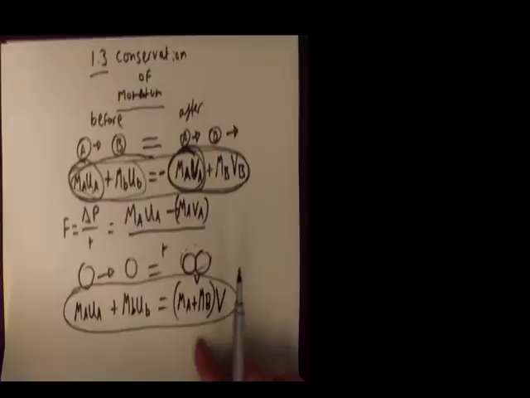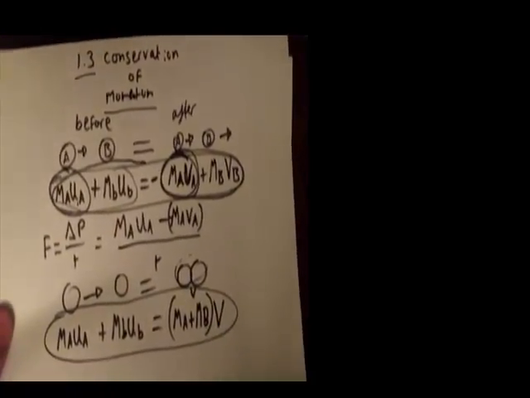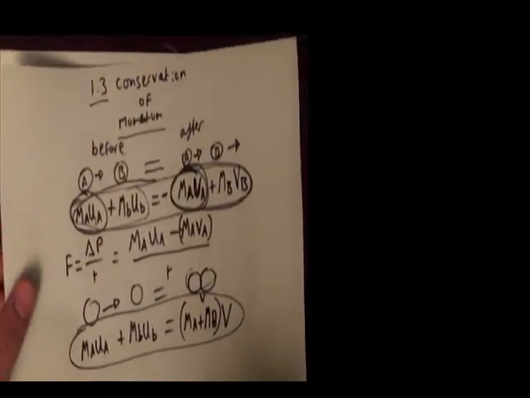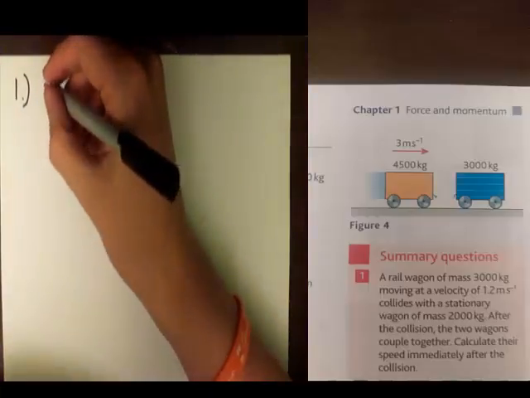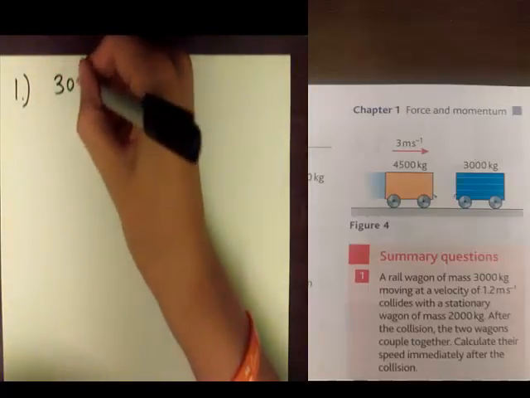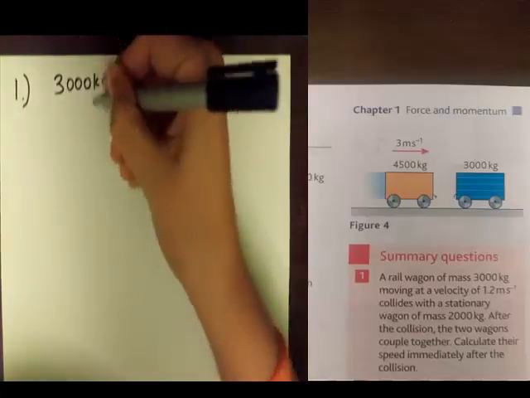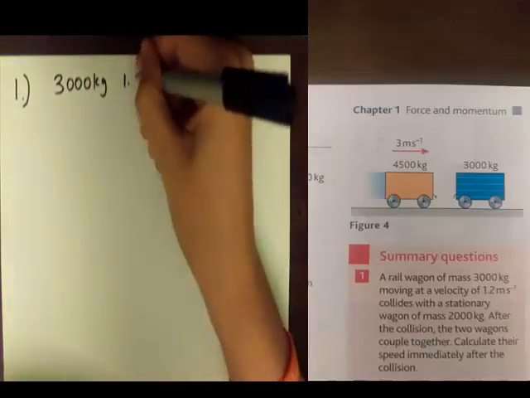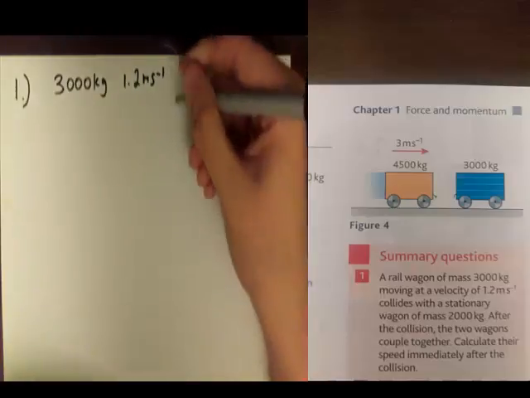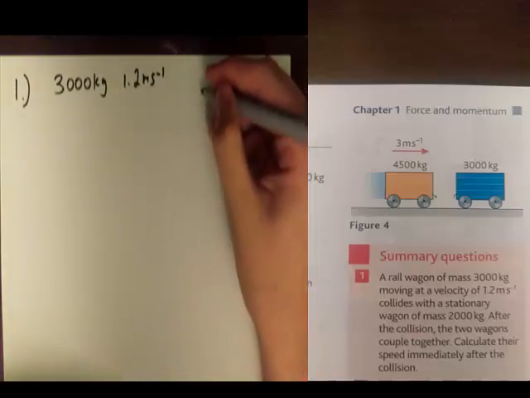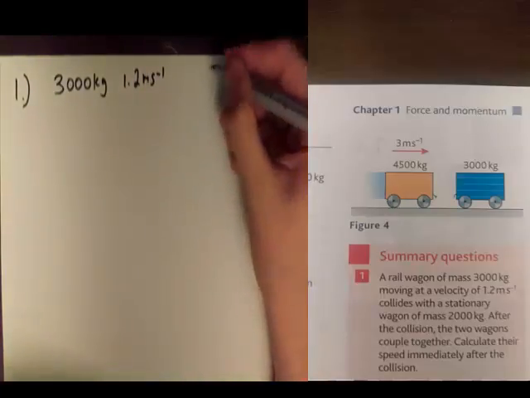Now, with these two formulas in mind, let's move on to a couple of questions. So, question 1. A rail wagon of mass 3,000 kilograms, moving at a velocity of 1.2 meters per second, collides with a stationary wagon of 2,000 kilograms.